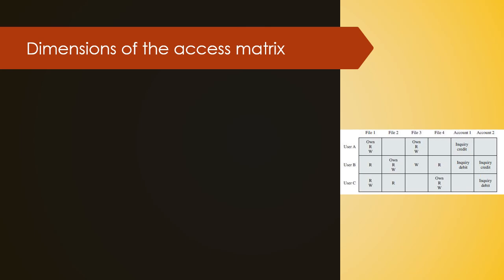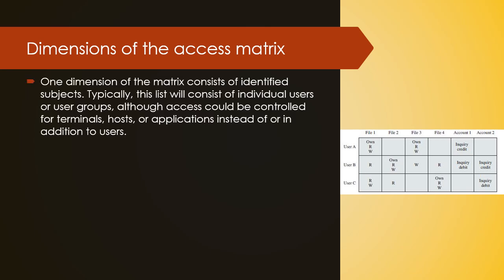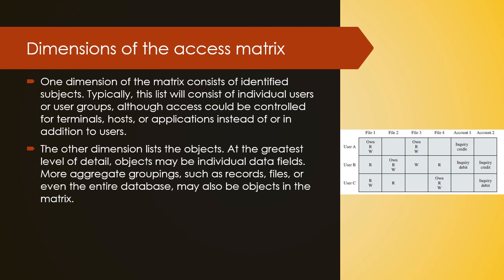Dimensions of the access matrix. One dimension of the access matrix consists of identified subjects. Typically, this list will contain individual users or user groups, although access could be controlled for terminals, hosts, or applications instead of or in addition to users. The other dimension lists the objects.